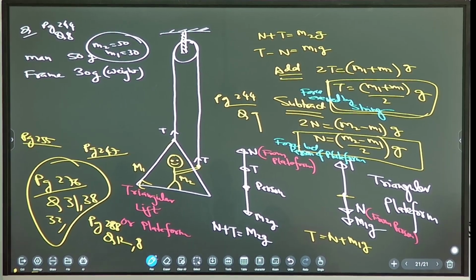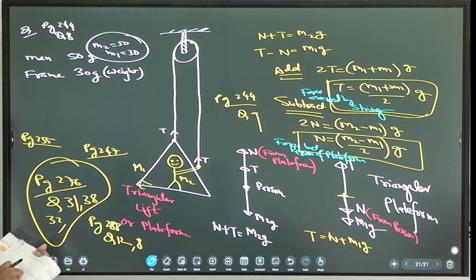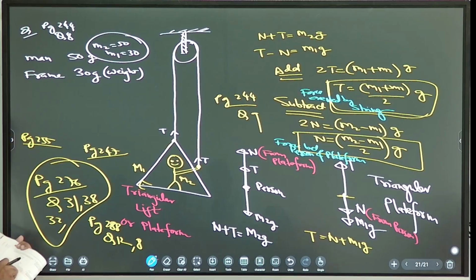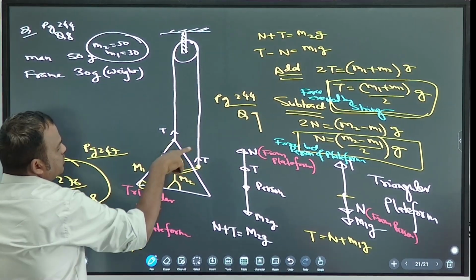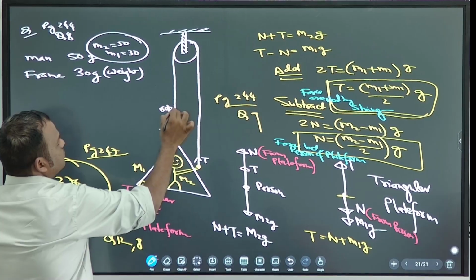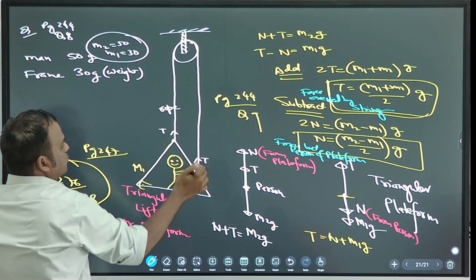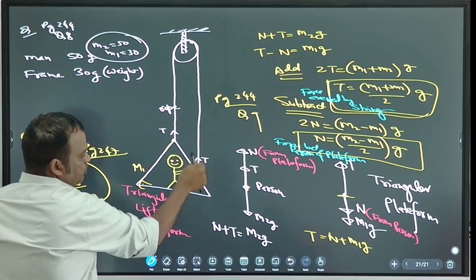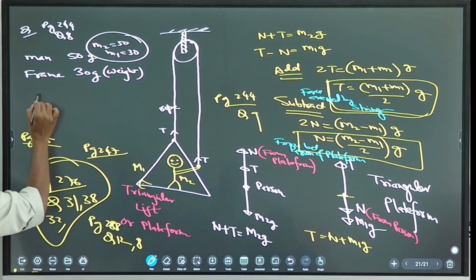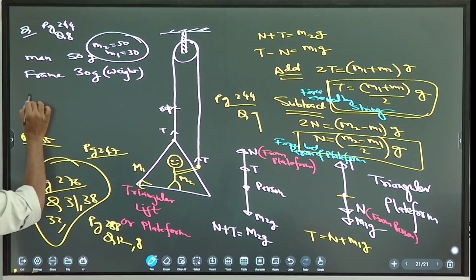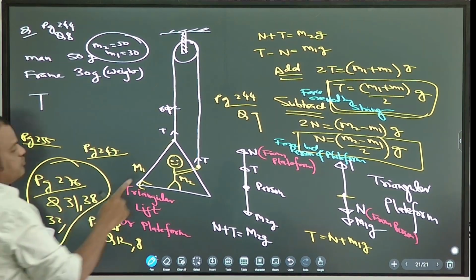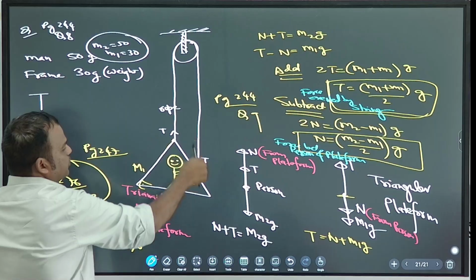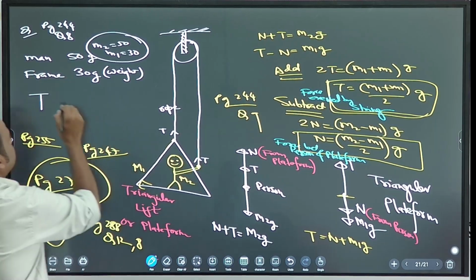For the system to be in equilibrium, what force must the man exert on the rope? This is the rope. The person is pulling the rope down. So what is that force? What are they asking, T or N? T, correct. They are asking T. So what is the formula for T?